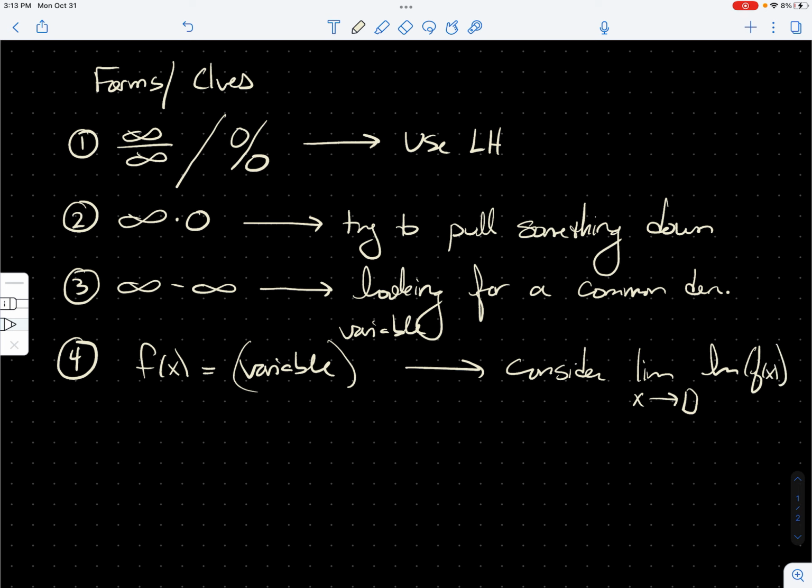Take the natural log of your function, consider there, and then you recover the original limit by setting your answer to this part as the exponent on e, which we talked about. Okay, so that's the quick review. Those are the forms. Those are the clues that I'm looking for.